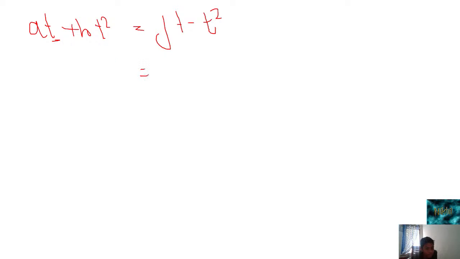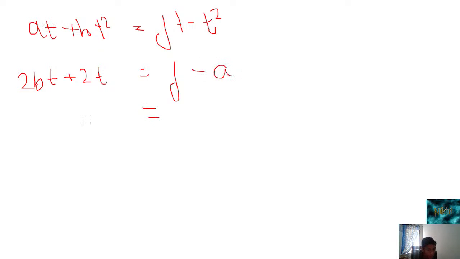They took this here, 2bt minus 2t, so it will become plus because it came over here, and f minus a has become nothing, so a has become 0. So it will be f minus a.